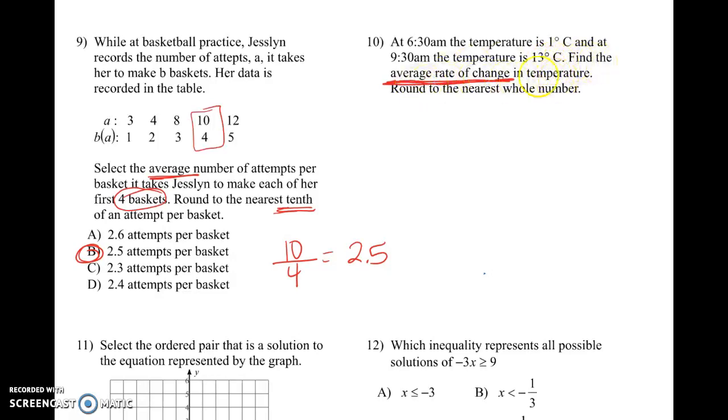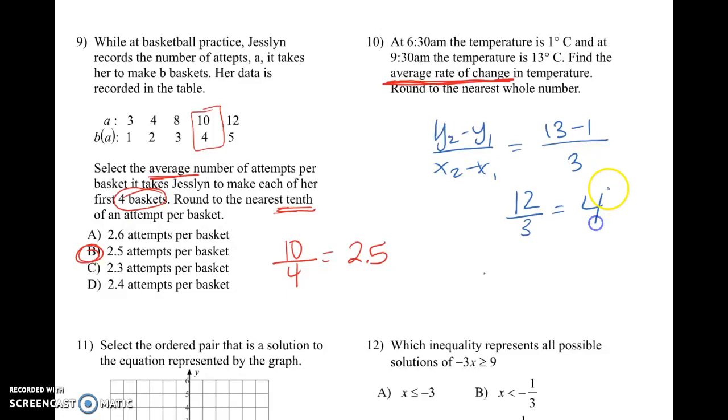Find the average rate of change in temperature. So if I take y2 minus y1 over x2 minus x1, which is our slope or rate of change formula, I would have 13 minus 1 over the change in time, 6:30 to 9:30, was 3 hours. So I'd have 12 over 3, which would be 4.